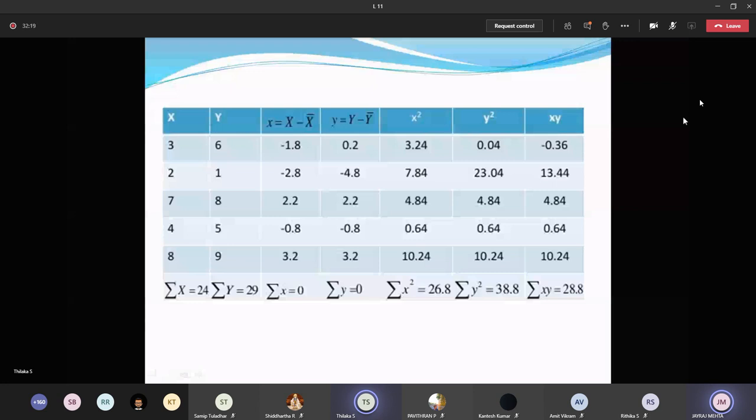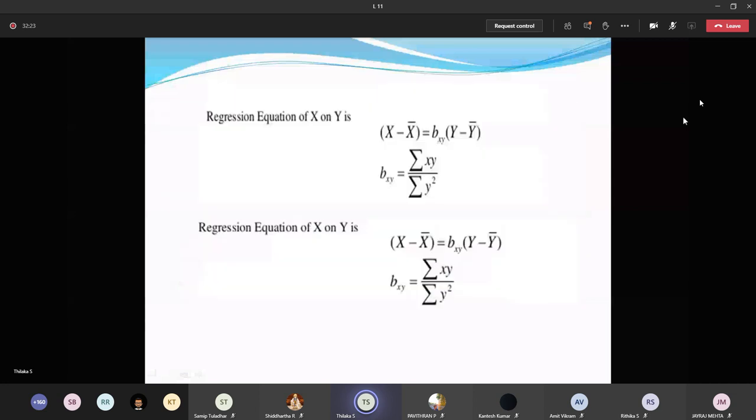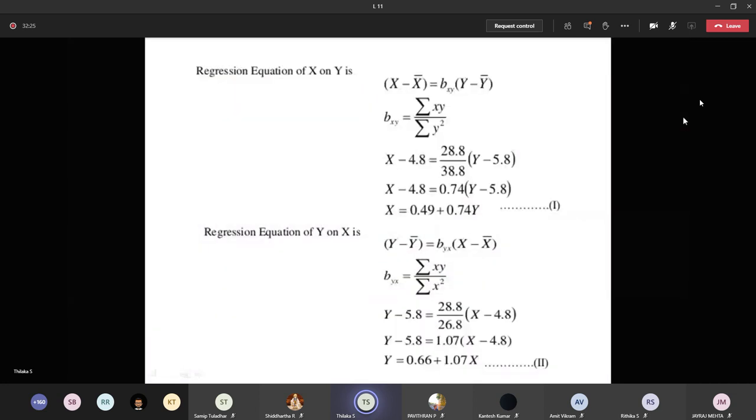Okay, that's it. So after calculating this, you have to substitute all these values in the equation. And you have to multiply. You know how to simplify this. So simplify the things which you substituted, and you will get the equation of x on y and y on x.